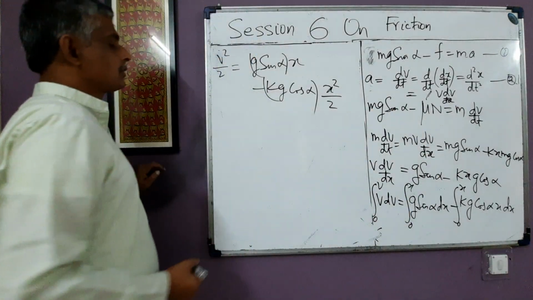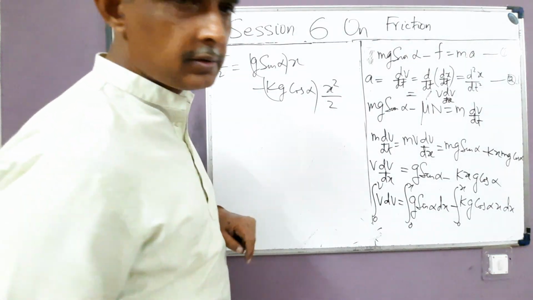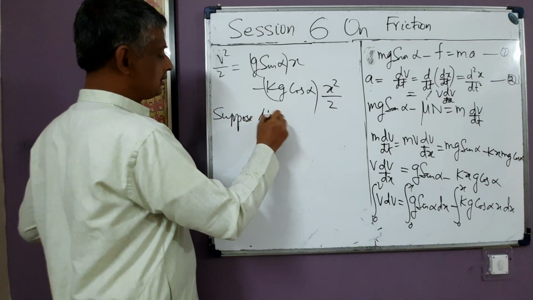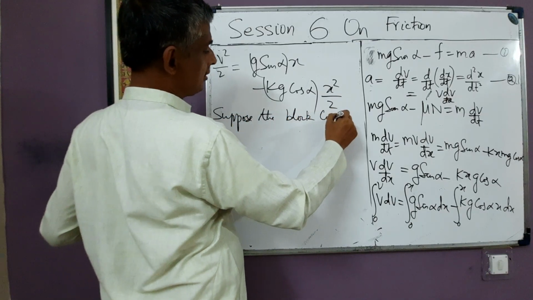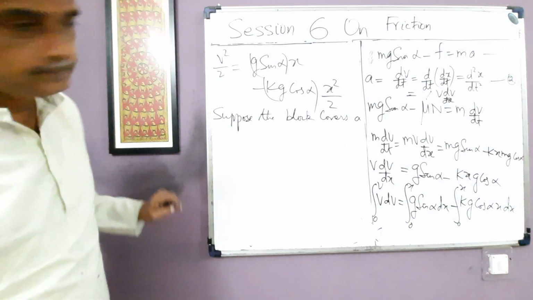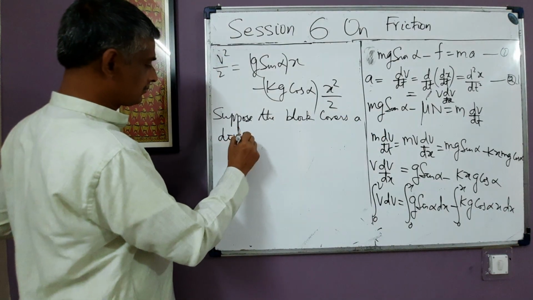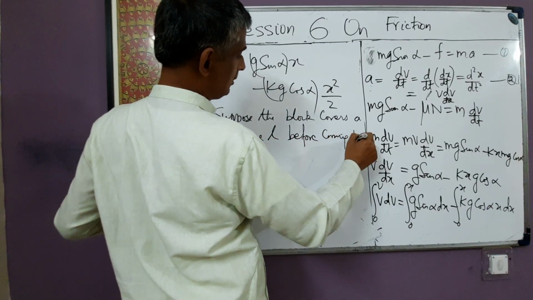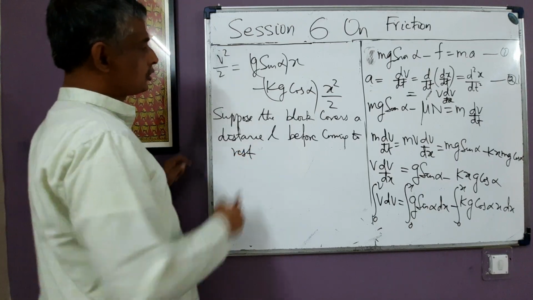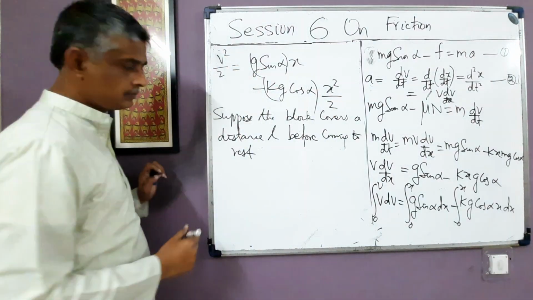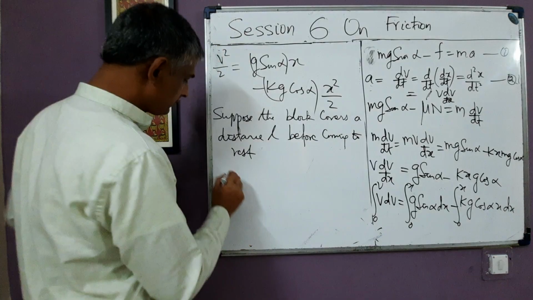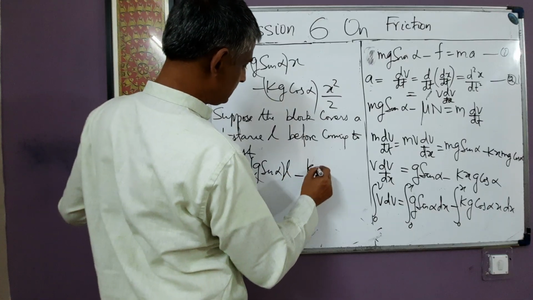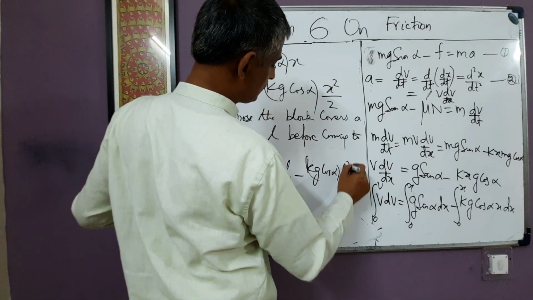So suppose the block covers a distance L before coming to rest. In this equation, when x is equal to L, v becomes 0. Rest means velocity is 0. So 0 is equal to g sin alpha into L minus kg cos alpha into L square by 2.